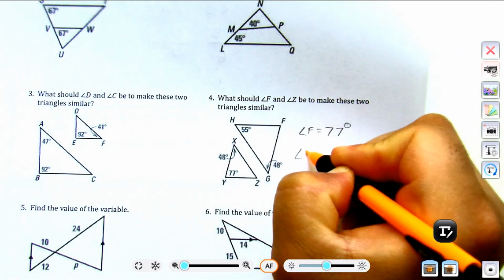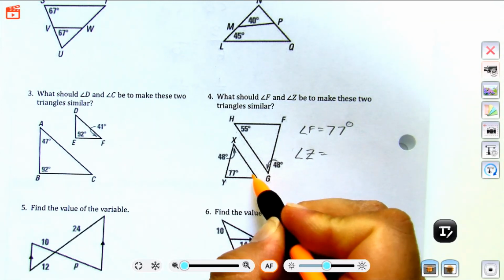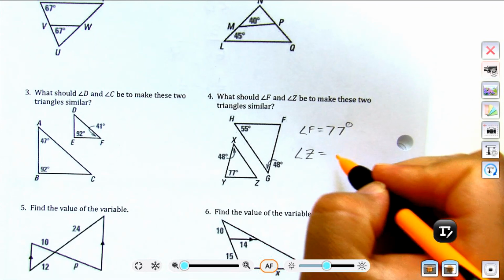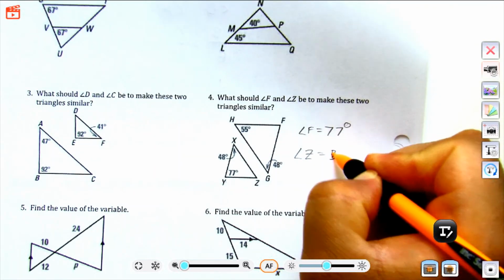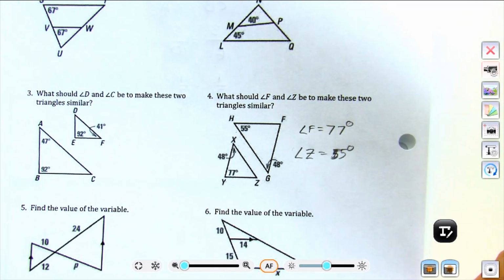And angle Z, if we look at angle Z, which one goes with angle C? That is angle H. So angle Z needs to be 55 degrees. And that would answer your question.